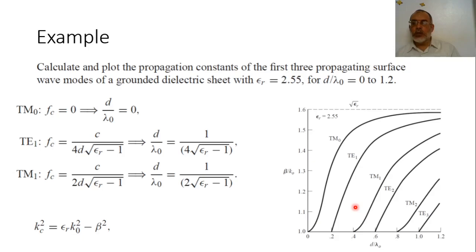So we prefer to use a dielectric slab that supports only the TM0 mode, because the TM0 mode already has zero cutoff frequency. So we prefer to use this slab between 0 and 0.2 lambda. So the maximum thickness of the dielectric slab in the present case is 0.2 lambda naught, such that we have only one surface wave mode.